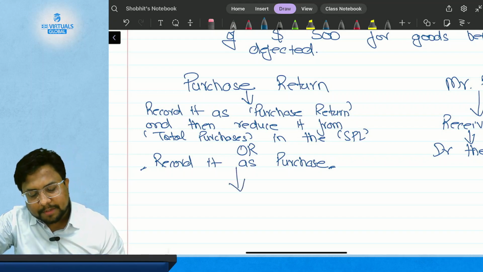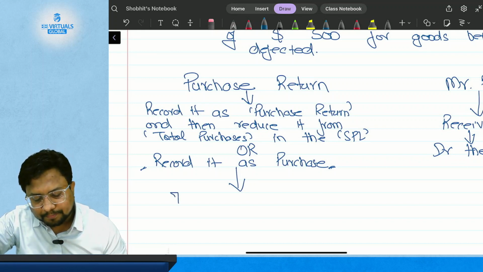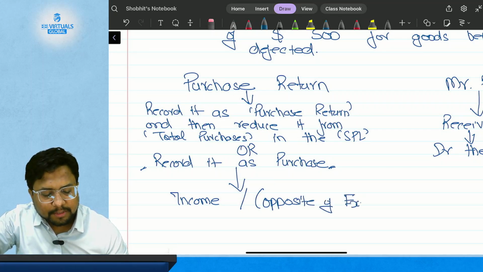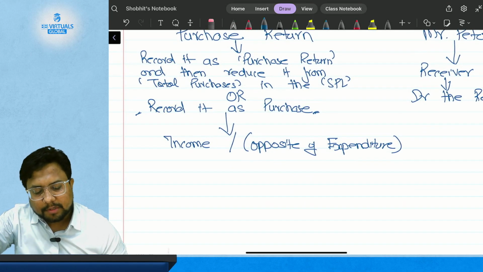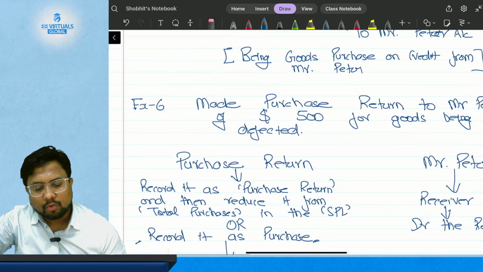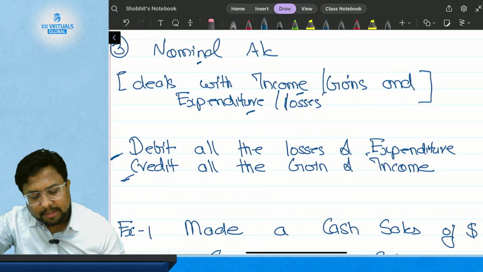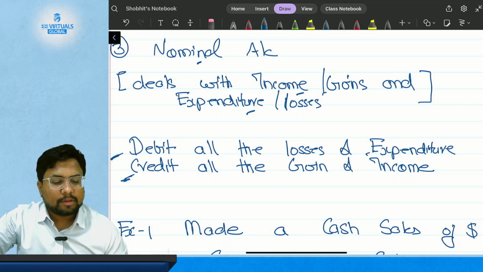Now what is purchase return? Purchase was the expenditure, so it will be my income, or you can say it is the opposite of the expenditure. Now when it becomes income or opposite of expenditure, the rule that applies is the nominal account rule, and it is saying credit all the gains in income.